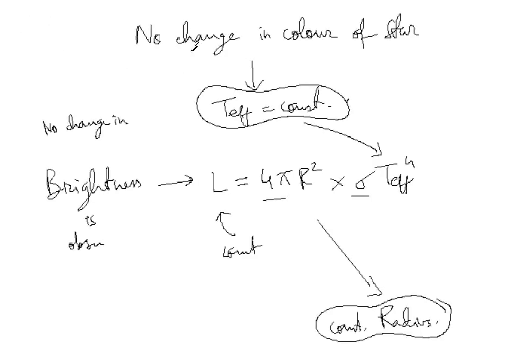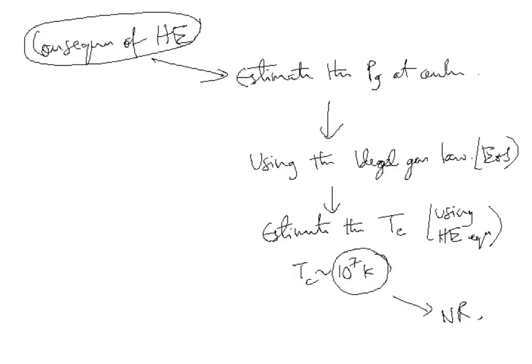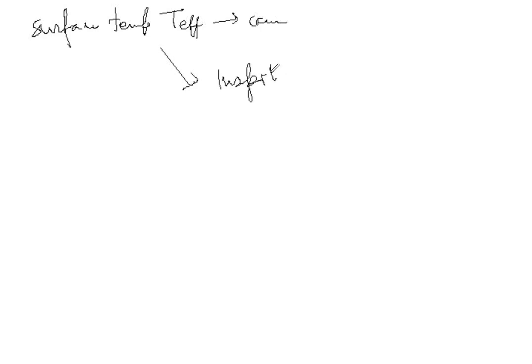No change in color means constant temperature, that is, the surface temperature, T effective, is constant. And this is in spite of losing energy at the surface.